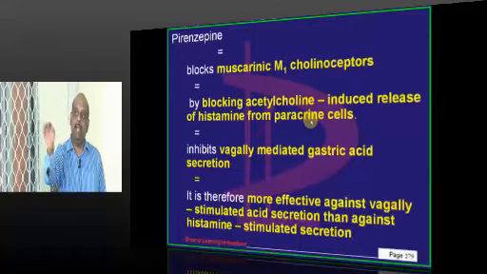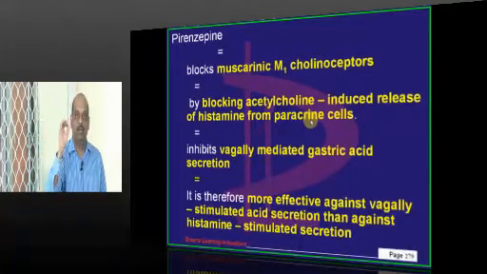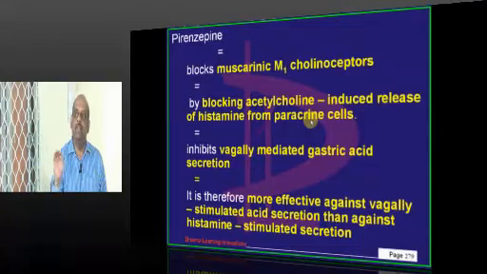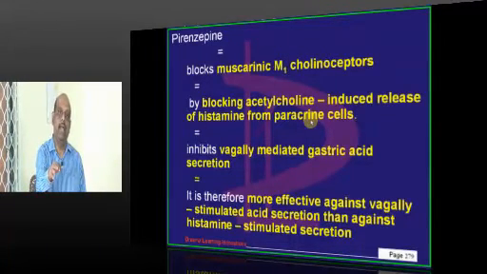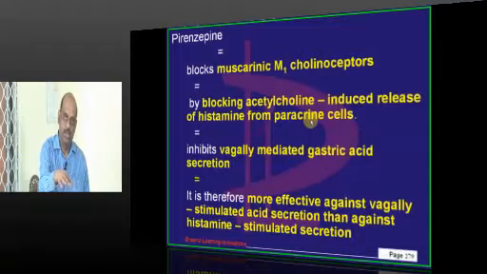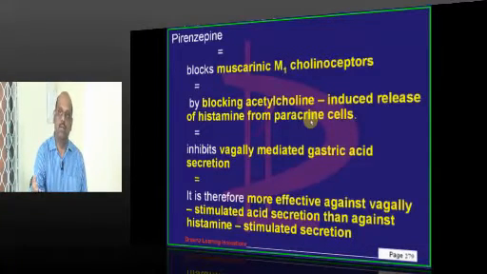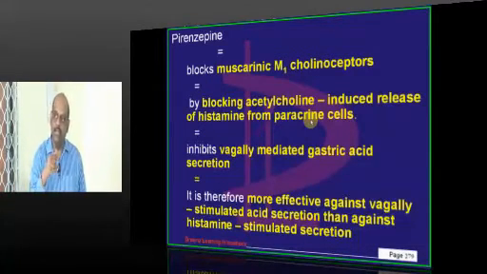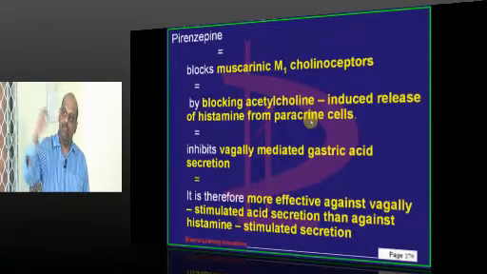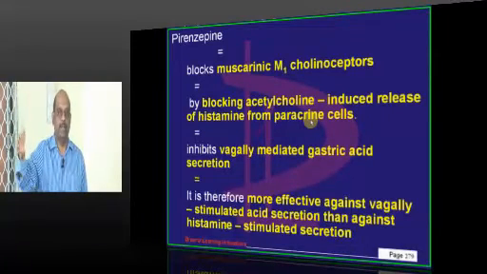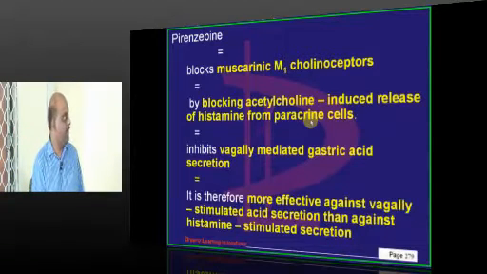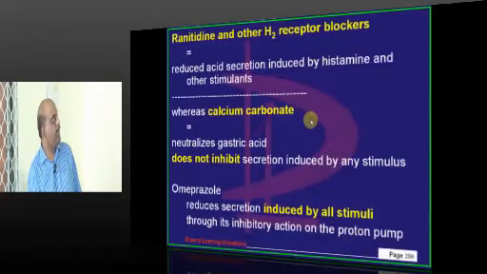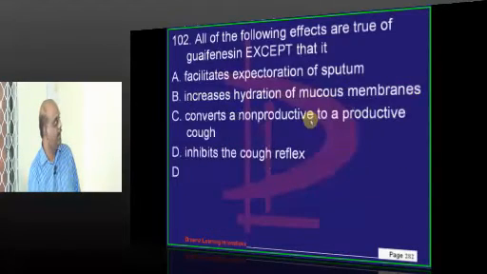So acetylcholine induced release of the histamine it will affect, and histamine in turn will cause the acid production. By blocking acetylcholine induced histamine release, pirenzepine will decrease the acid production, hence it is used as an acid reducing drug, is what needs to be remembered. So it inhibits the vagally mediated gastric acid secretion.